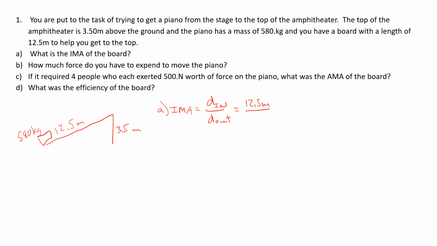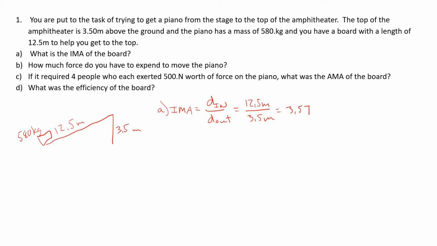And the output is the fact that we got 3.5 meters up in the air. So if we work that out, 12.5 divided by 3.5, we end up with an ideal benefit of 3.57.